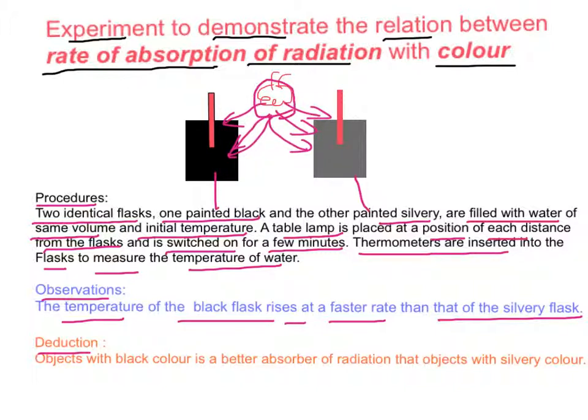Since the temperature rise of the black flask is higher than that of the silvery flask, it can be deduced that the black flask absorbed more radiation than the silvery flask.